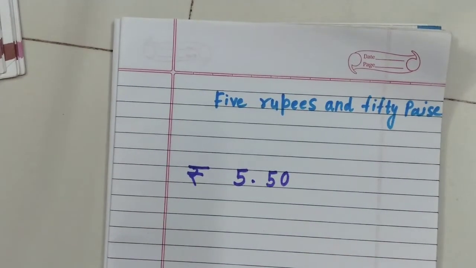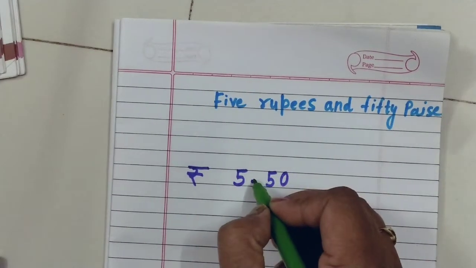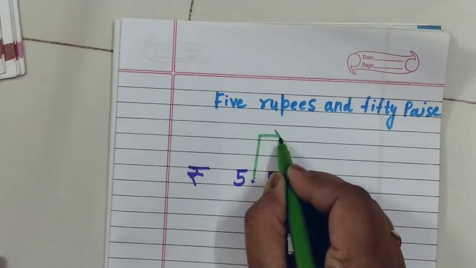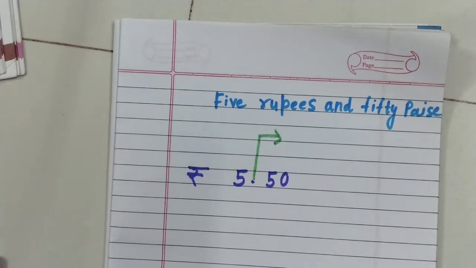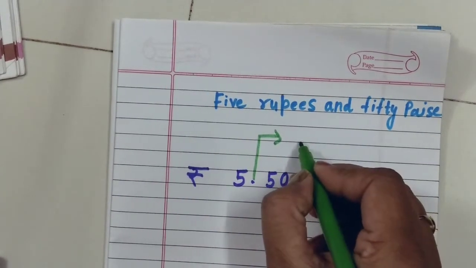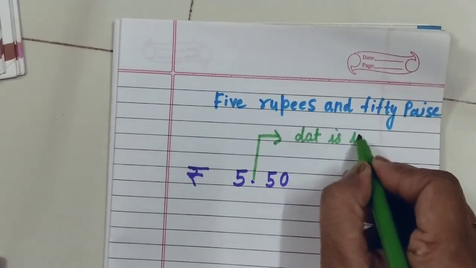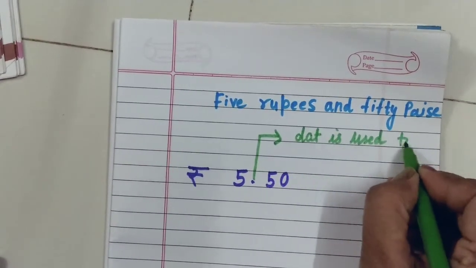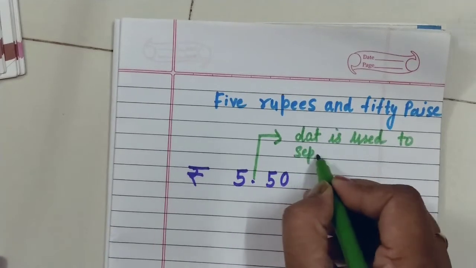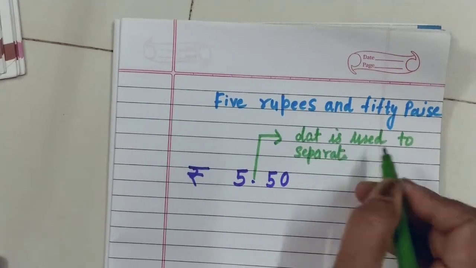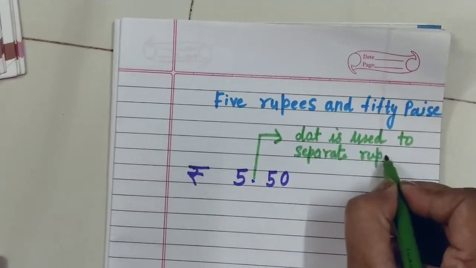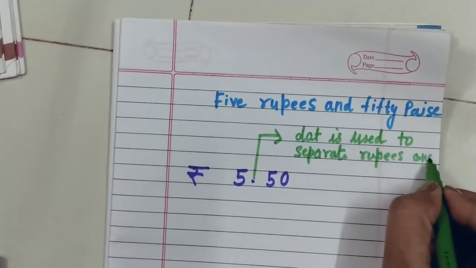So children, remember one thing, this dot. What is the meaning of this dot? This dot is used to separate rupees and paisa.